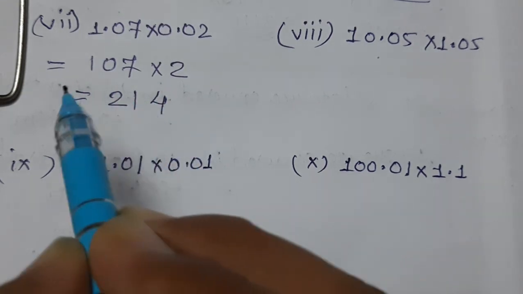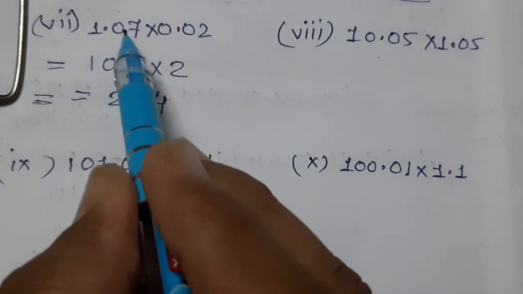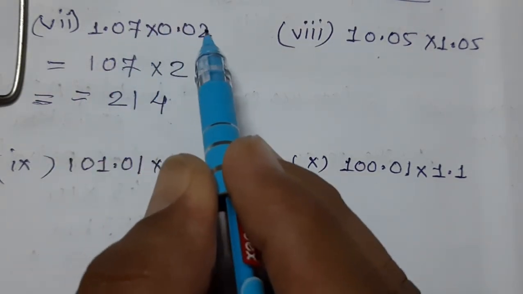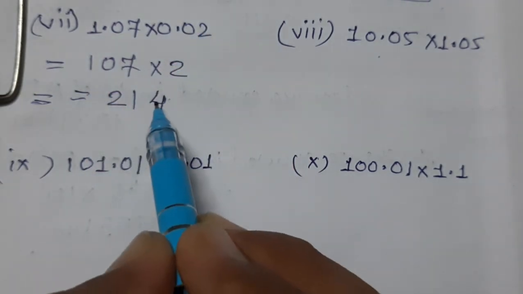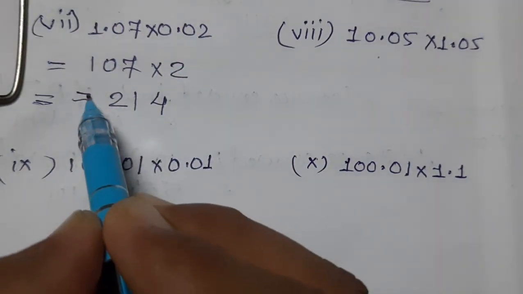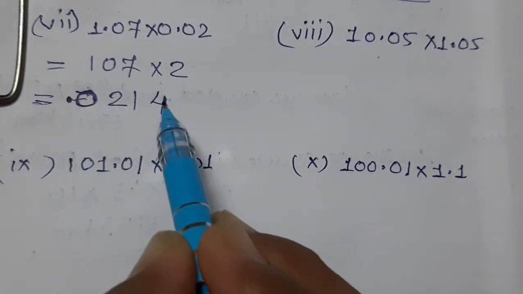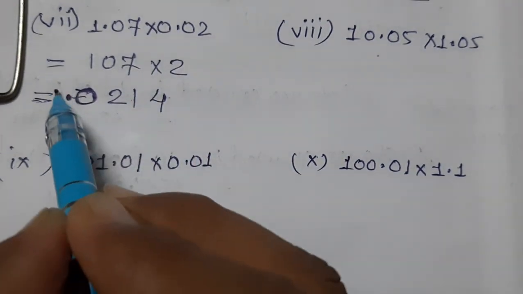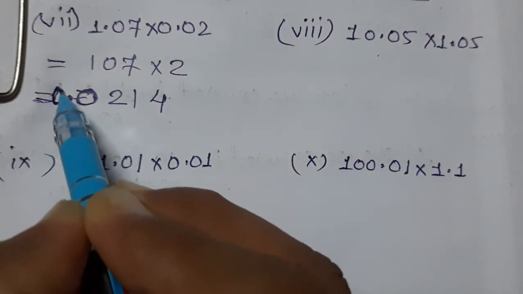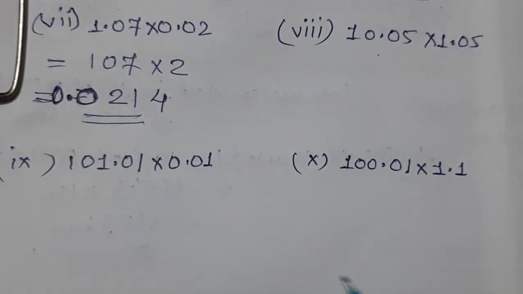Now putting the decimal. 2 plus 2, 4. 1, 2, 3. Unable to see, so put 0 and then the decimal. 1, 2, 3, 4, and you can put one more 0 here. It doesn't matter. So this is the answer.